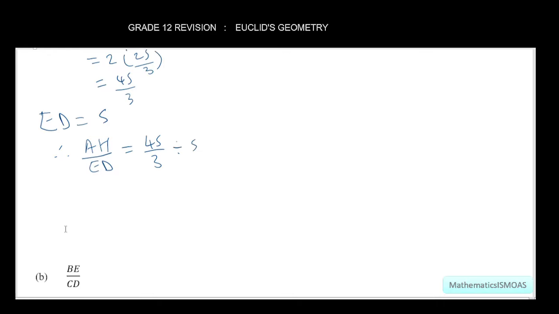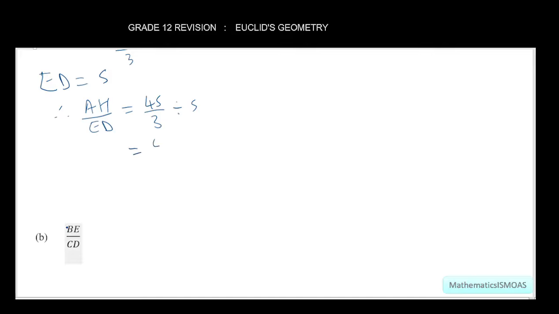Therefore the ratio AH to ED, let's first write it as a fraction. AH is 4S divided by 3, then divided by ED, which is S. From there let's manipulate with algebra. 4S divided by 3 multiplied by 1 over S, and then S divided by S is 1. We're left with 4 times 1 is 4, 3 times 1 is 3.